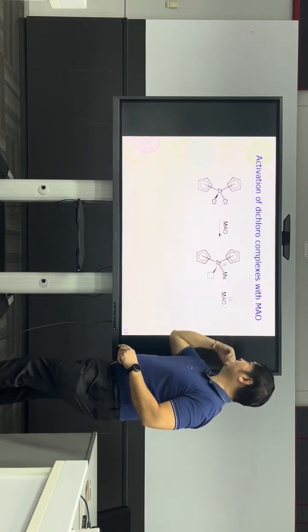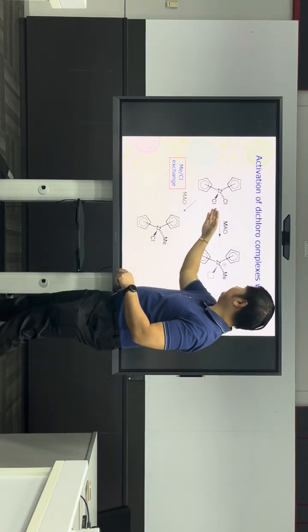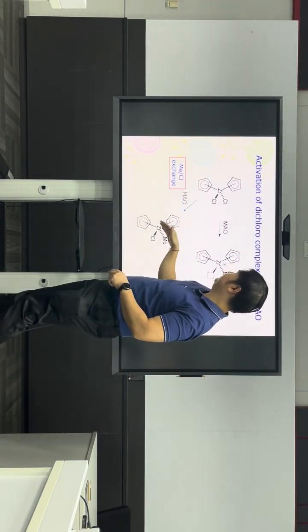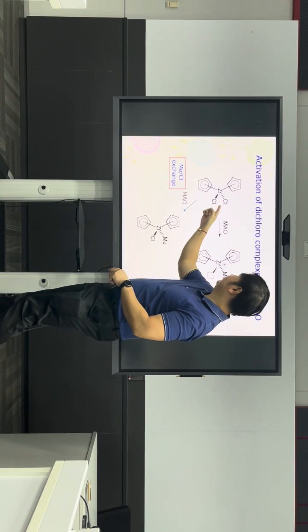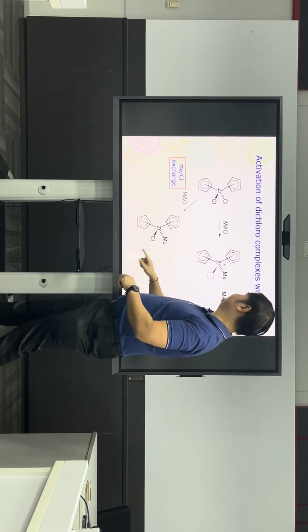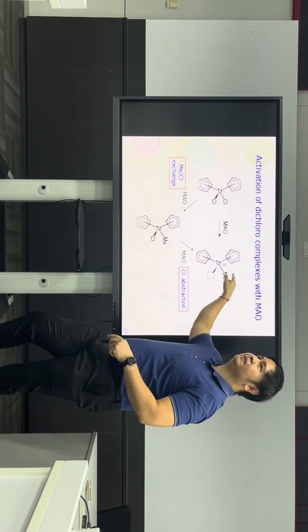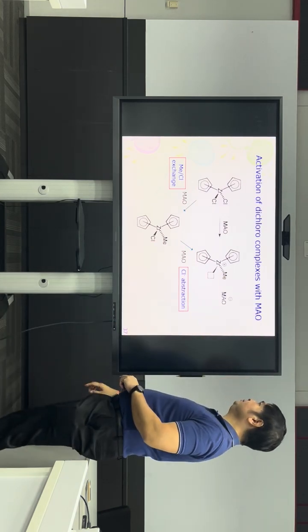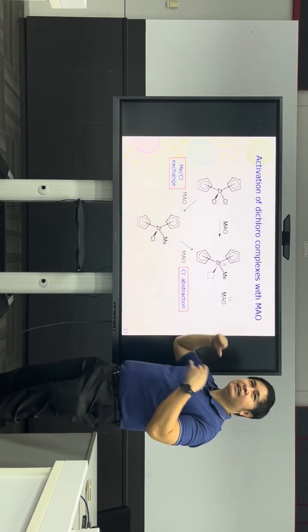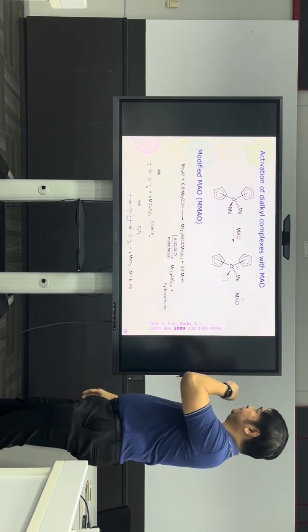It can pass through the methyl-chloride exchange first like this, so chloride changes into methyl. Next step, MAO can also abstract this chloride and give you that one. But this is the active species that will start the polymerization.